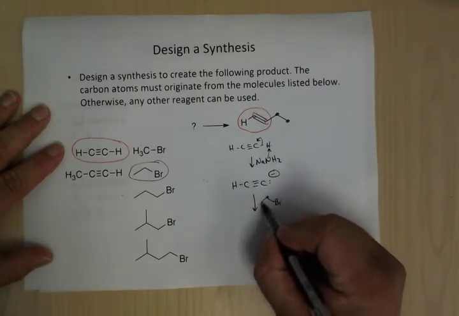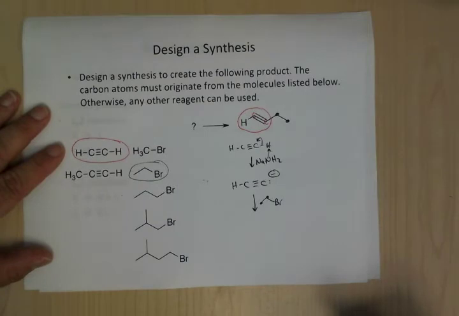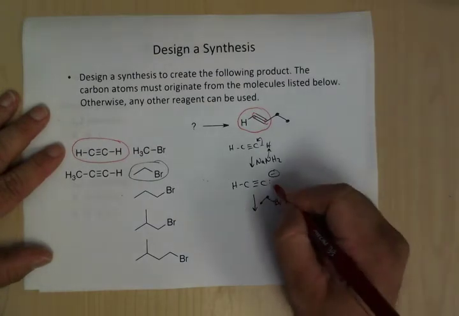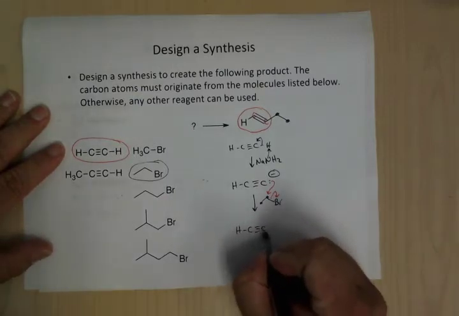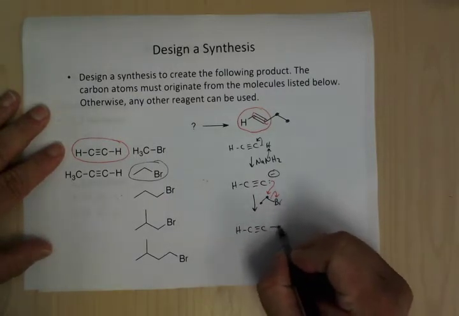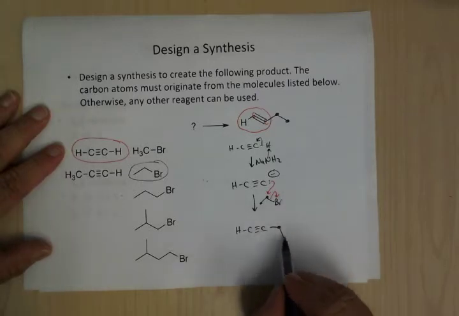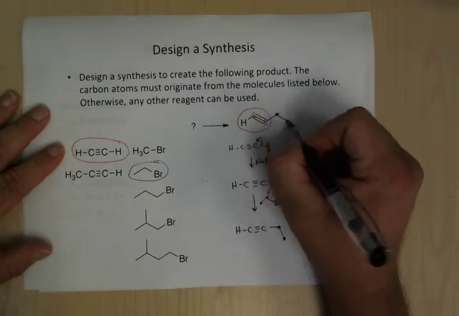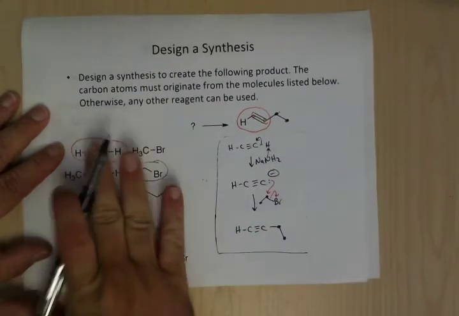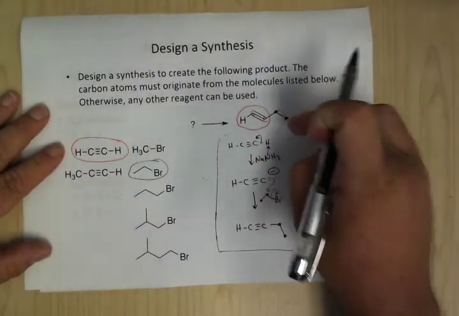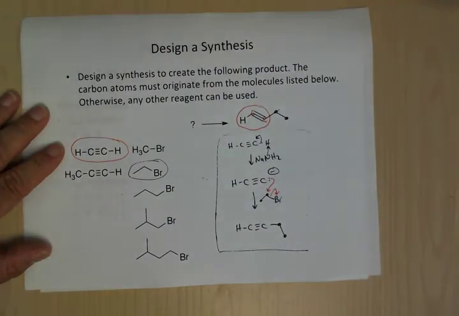Here's your 2 carbons. You just get an SN2 attack here to here. So you'd end up with 1, 2, 3, 4. So there you go. So this is what I'm looking for here. Can you take these molecules and make that product there?